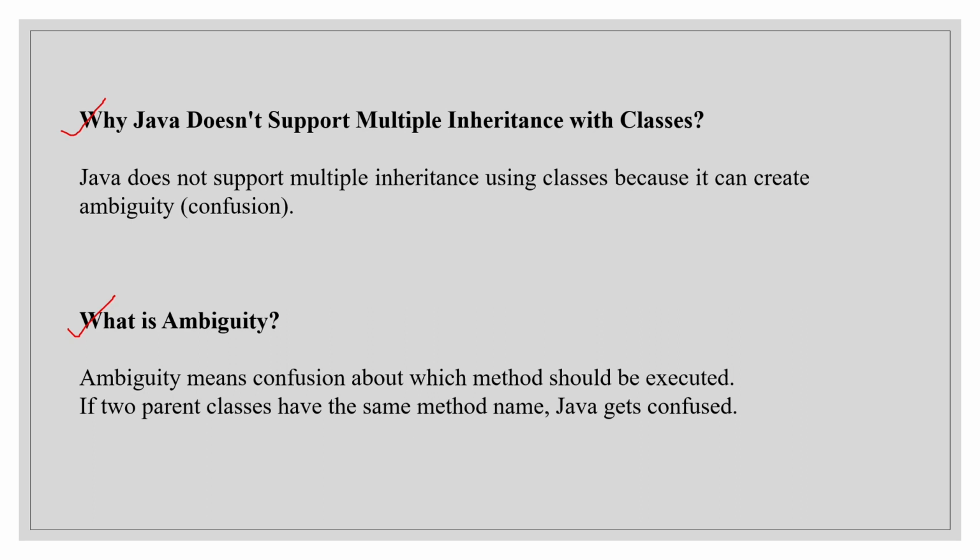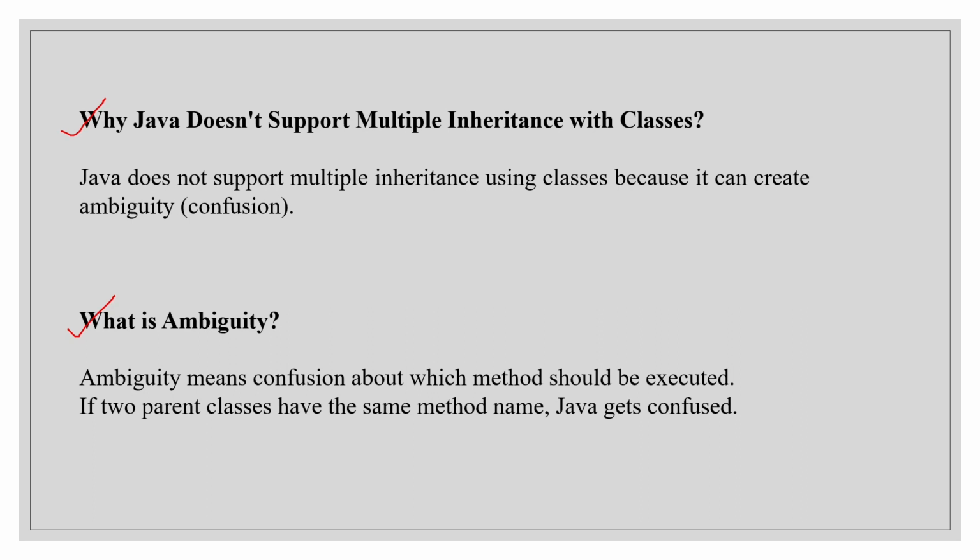Let's understand it clearly. Suppose we have two parent classes and both classes contain a method with the same name, for example, display. Now, the child class inherits from both parent classes. So, when the child class calls the display method, Java gets confused. Should it execute the method from parent class 1 or from parent class 2?